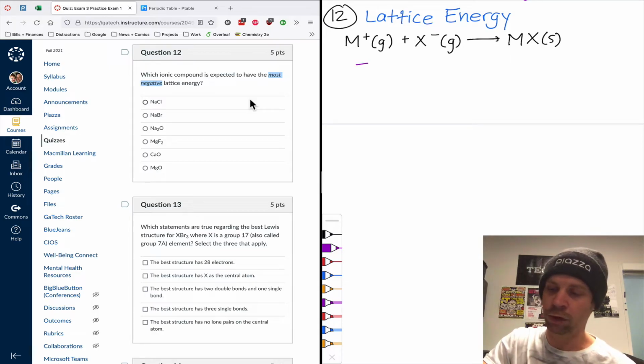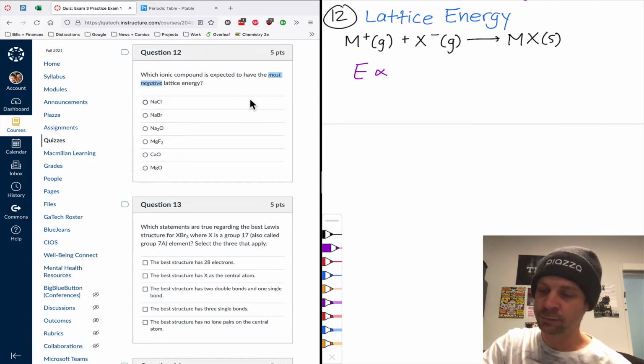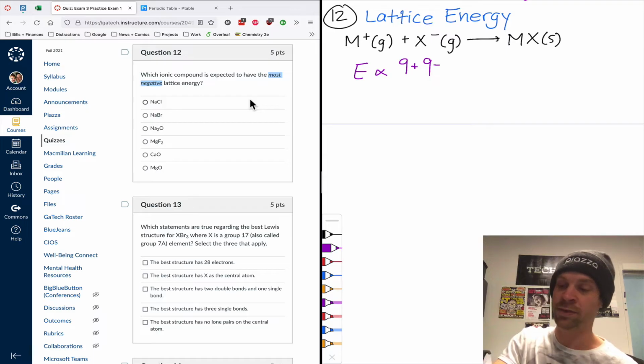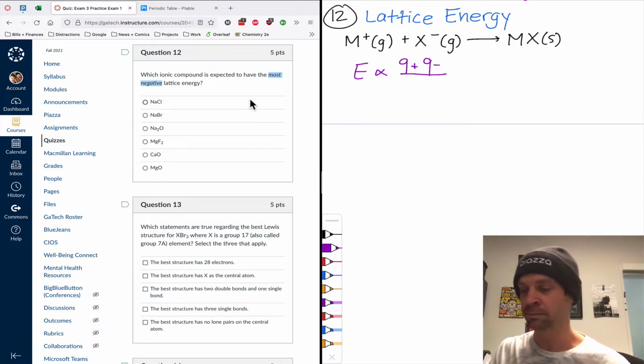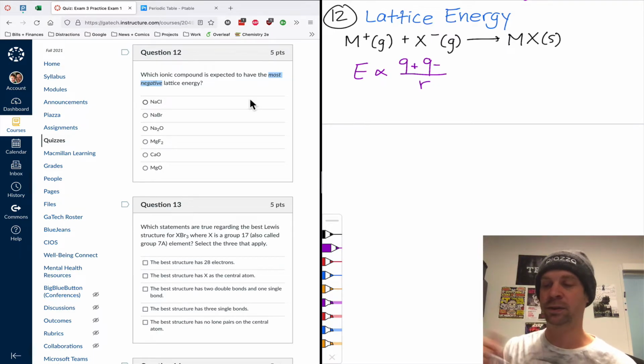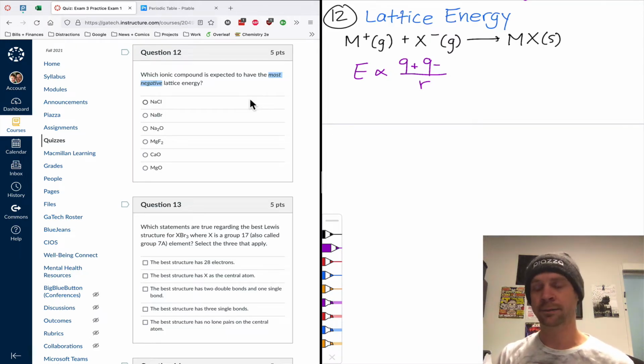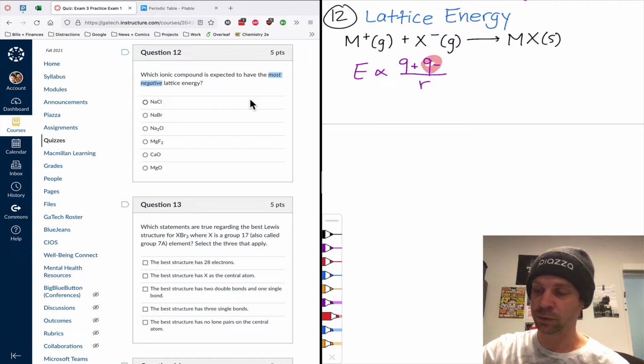According to Coulomb's Law, the lattice energy is proportional to a ratio: the product of the two charges, let's say Q+ for the charge of the cation and Q- for the charge of the anion with the negative sign included, divided by the distance between the centers of those ions, R. The way we've written it, this will be a negative value since Q- is less than 0, it's a negative charge, and Q+ is a positive charge.